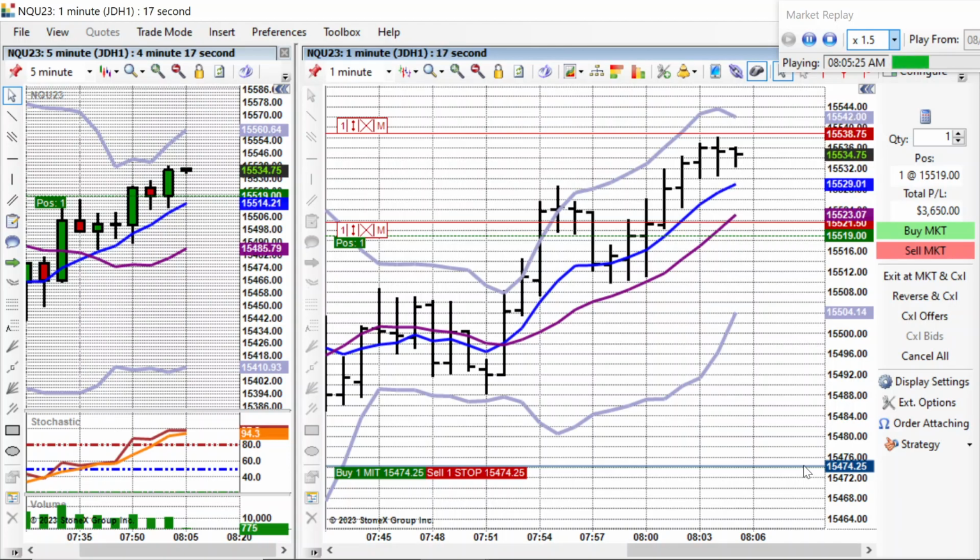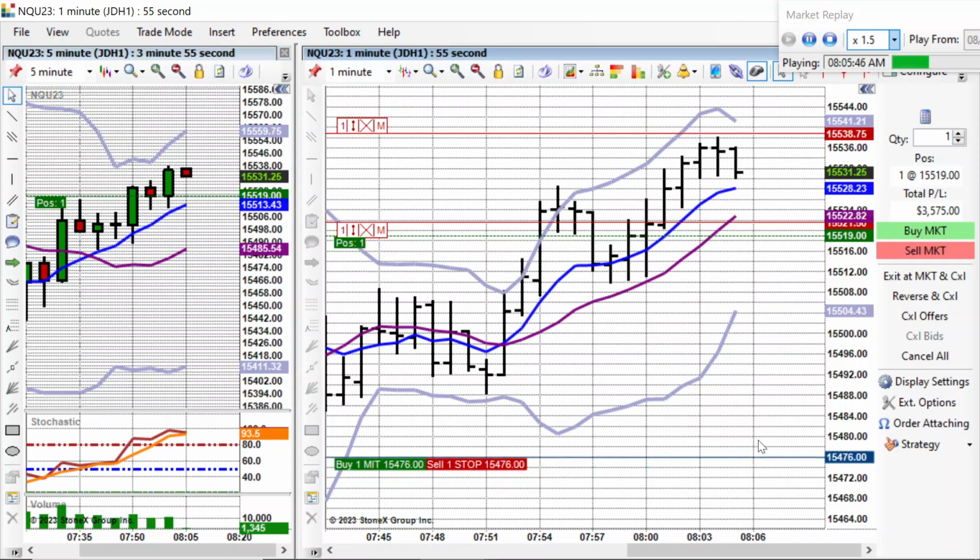That either means I don't have the target set right according to the volatility of the market. But yeah, it's just going to play with me here. Something like this.